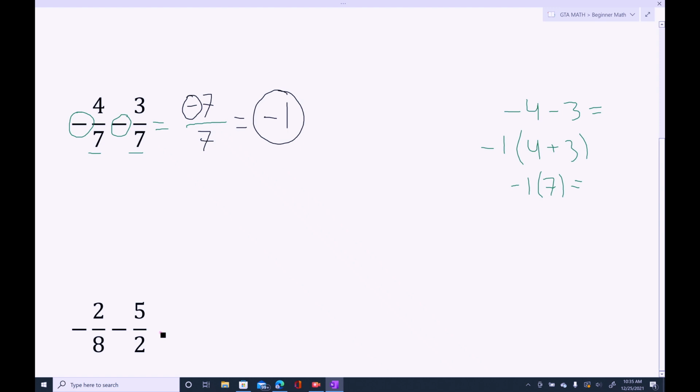Now here's a more difficult problem because we don't have the same denominators. And as we said before, denominators must be the same.